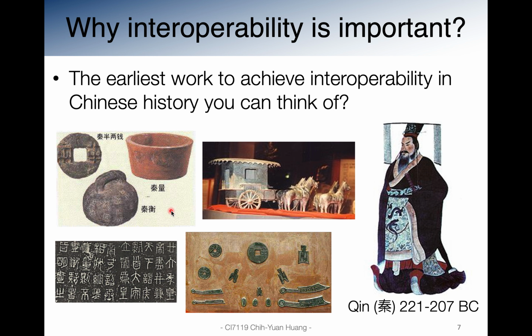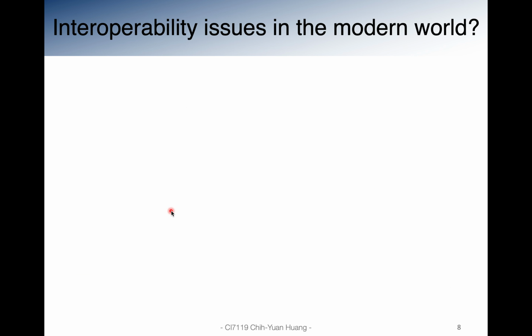And if you have other stories or even earlier work, feel free to let me know. Okay. You can also think about the interoperability issue in our modern world. You can think about what things are not interoperable.